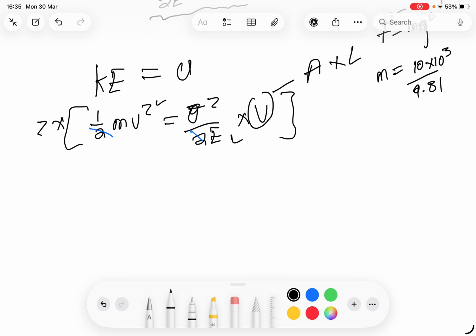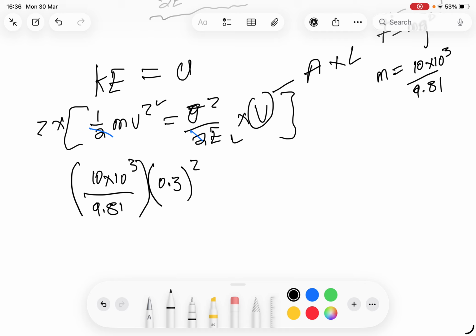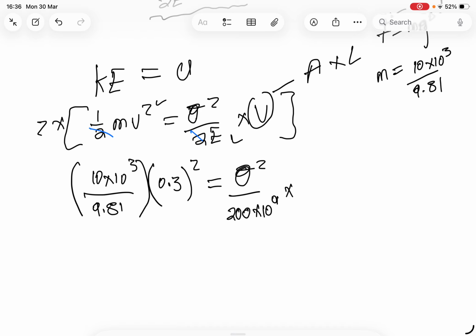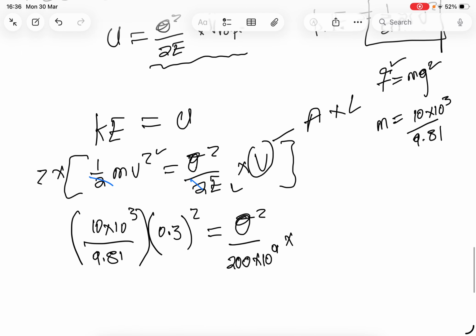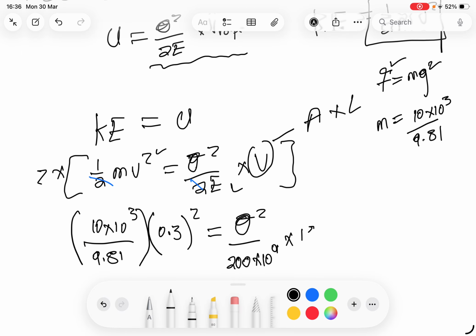My m is 10 times 10 to the 3 over 9.81, times v, which is 0.3, squared, equals the stress squared over E, which is 200 times 10 to the 9, times the length of the rope, 15 meters.